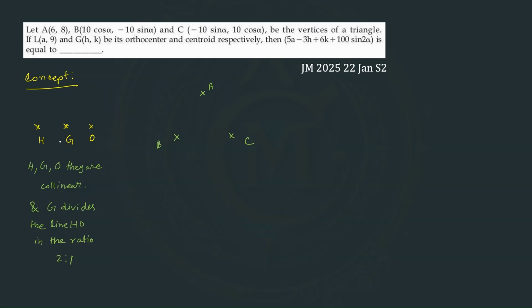So here these 3 points will be collinear and this ratio will be 2 is to 1.